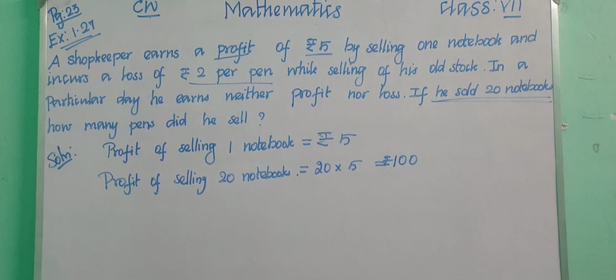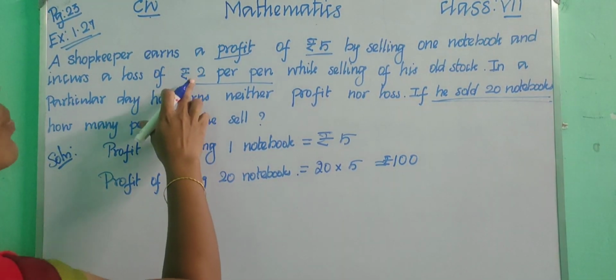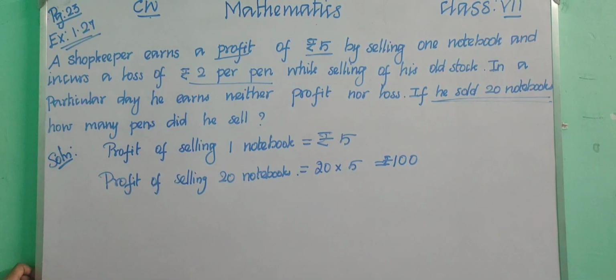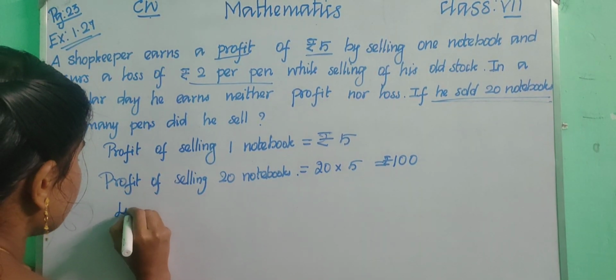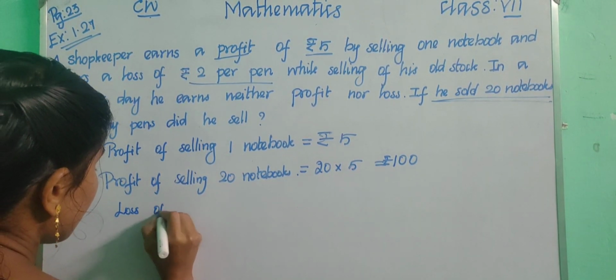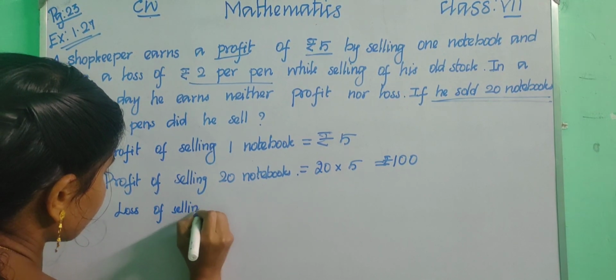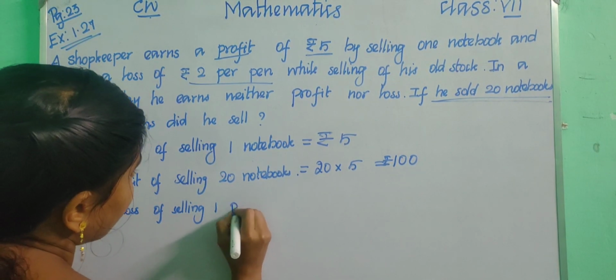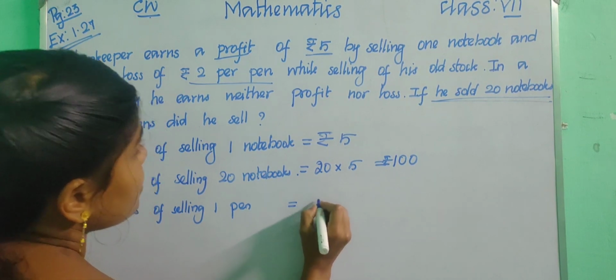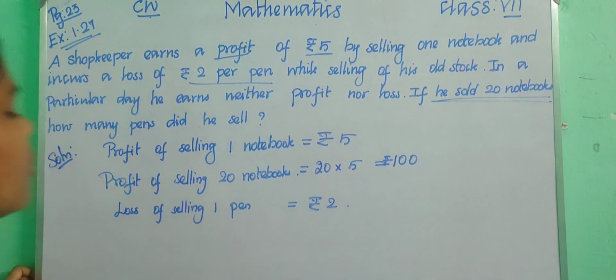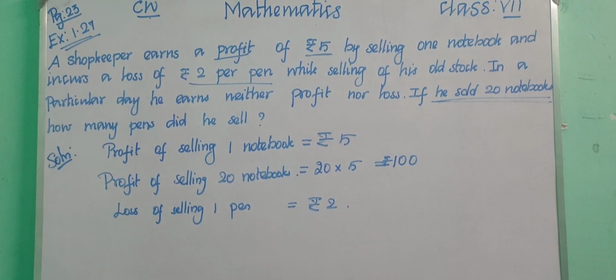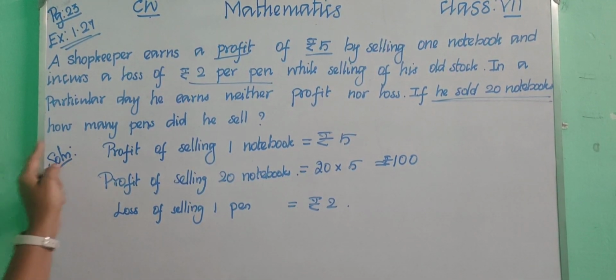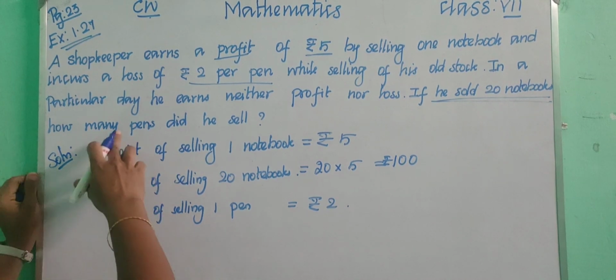And they had said he incurs a loss of rupees 2 per pen. So the loss of selling one pen is equal to rupees 2. We are going to find the number of pens sold.